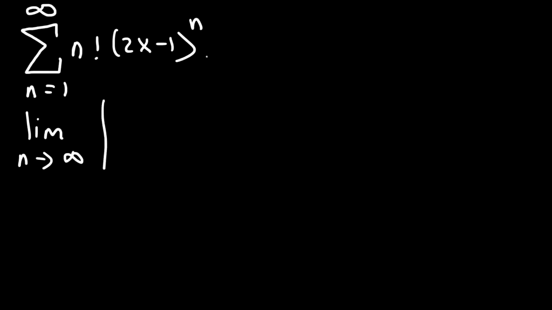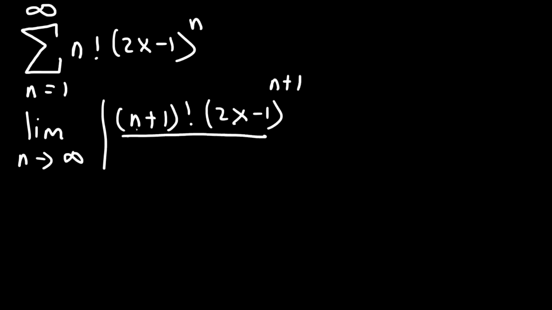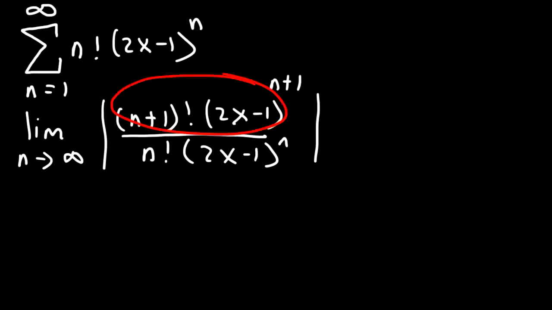So u sub n plus 1, that's going to be n plus 1 factorial times 2x minus 1 to the n plus 1 factorial, divided by n factorial times 2x minus 1 to the n factorial. So that's our u sub n. So this is u sub n plus 1, and this is the original u sub n expression that we see here.